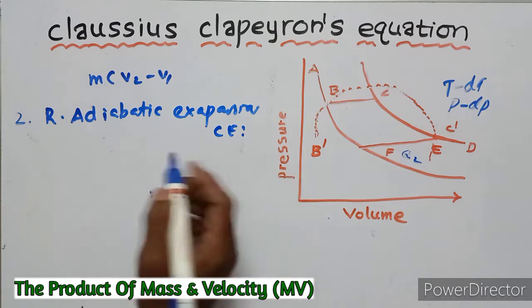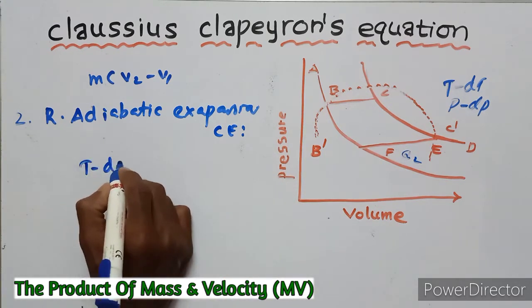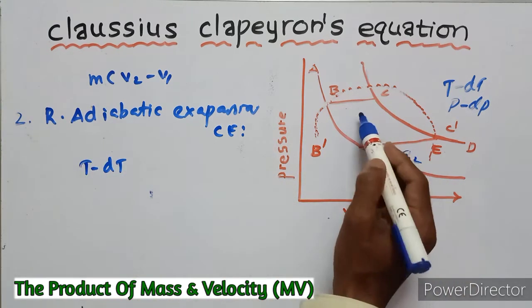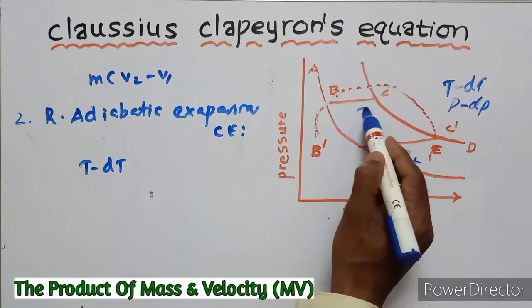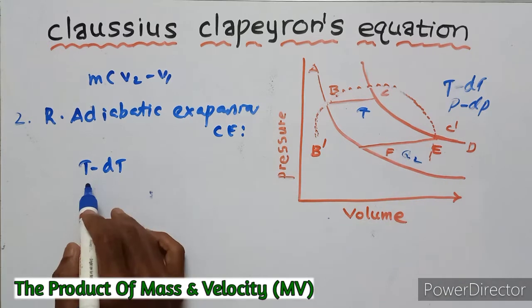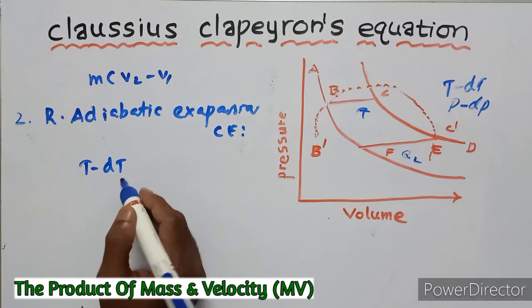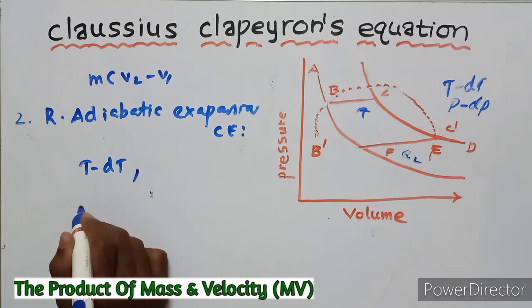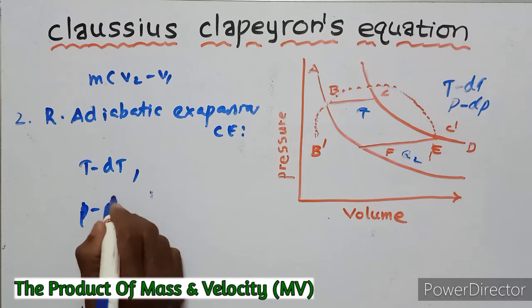So here the temperature drops from T to T minus dt, while the pressure drops to P minus dP.